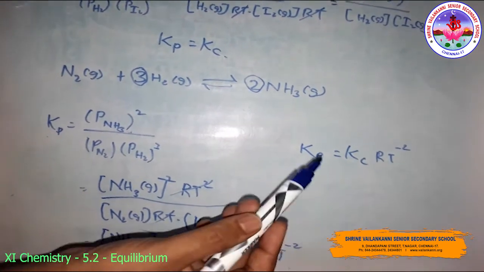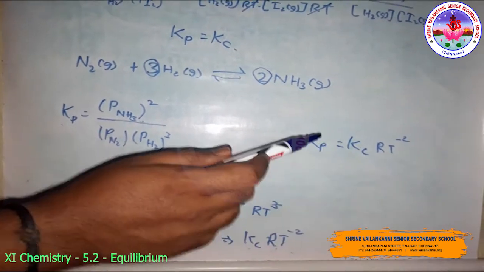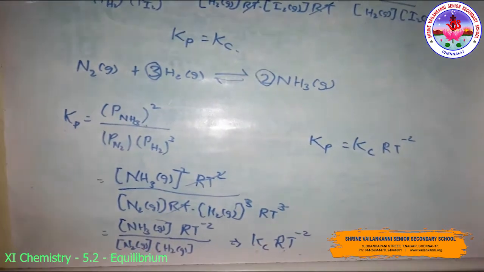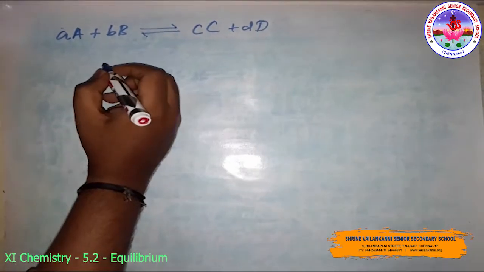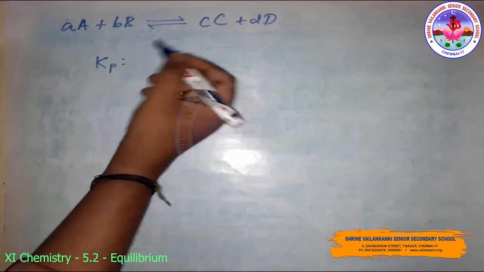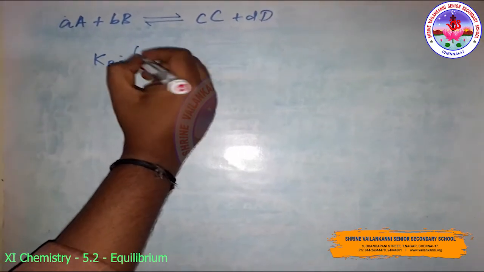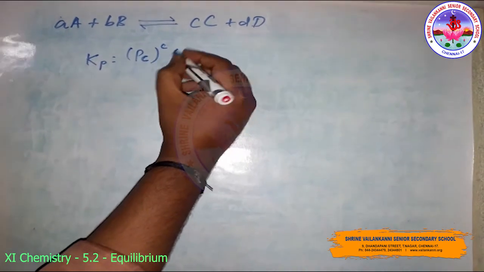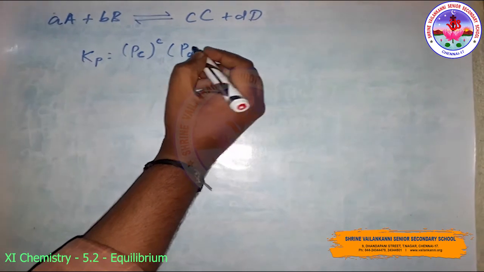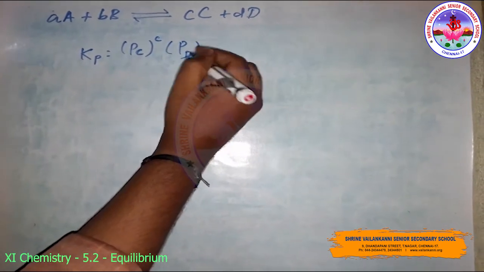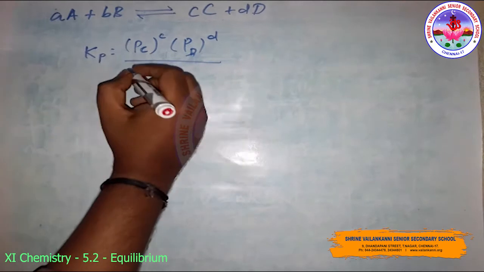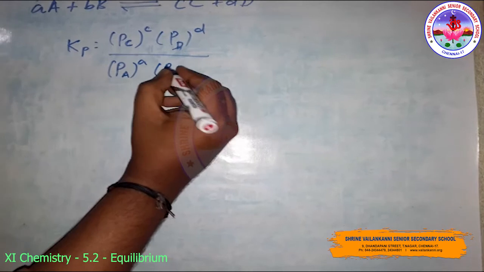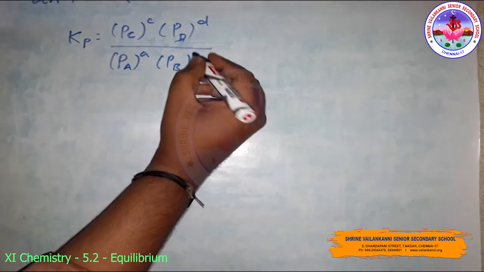So similarly, this is the reaction. Similarly, for a general reaction aA plus bB giving cC plus dD, Kp is equal to the pressure of C power c and the pressure of D power d divided by the pressure of A power a and the pressure of B power b.